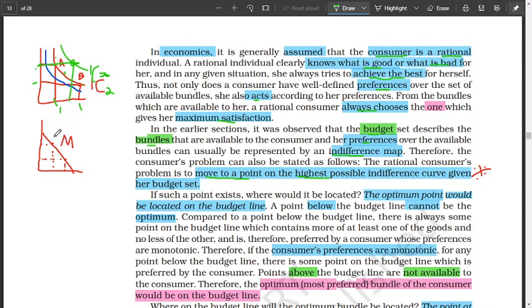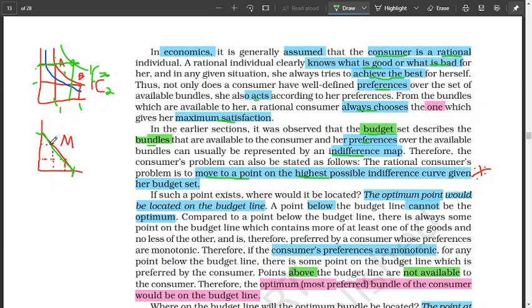But it depends on his budget set, the amount of money, because in our earlier example, M is equal to 20. So by having 20 rupees, he can buy only along this line, which is the only line that gives him the option to buy within the constraint of his income.